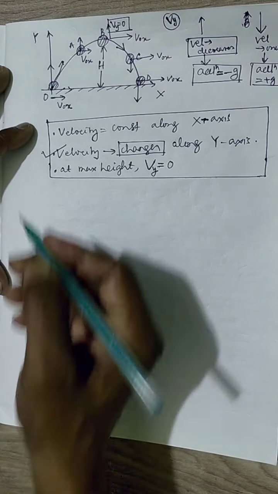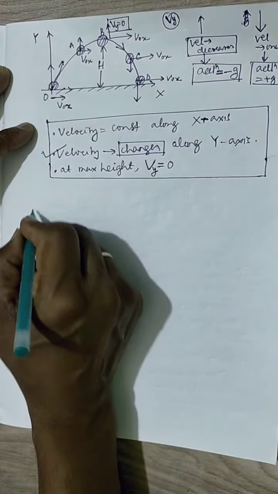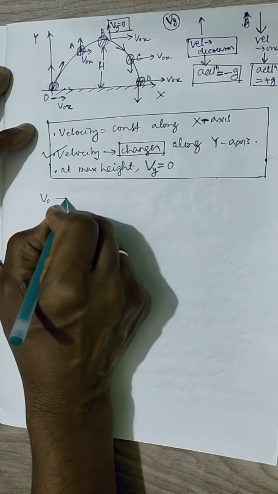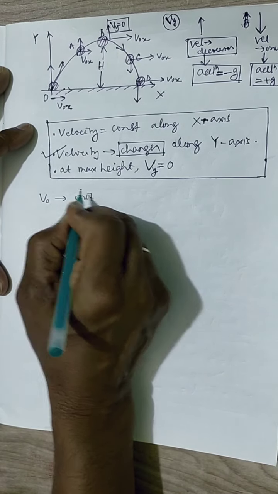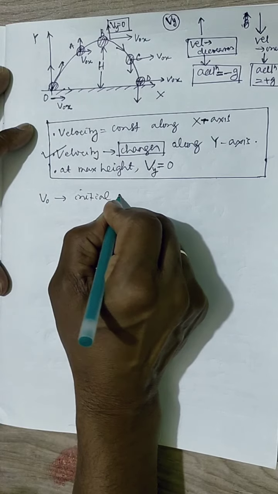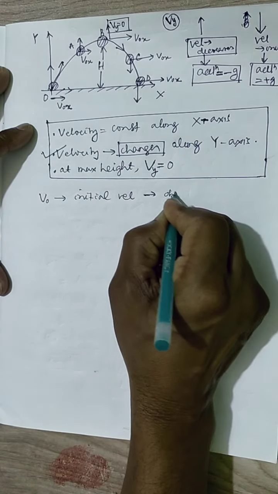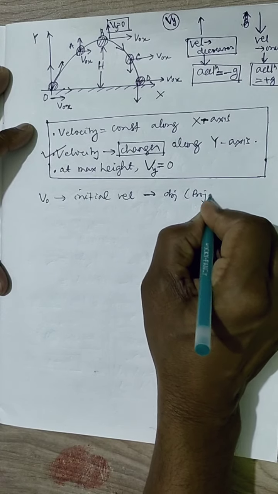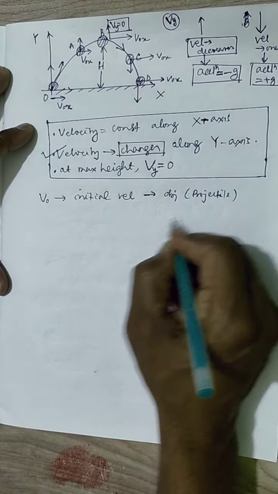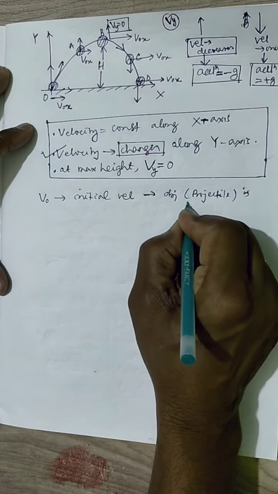Now we have v0, the initial velocity at which the object, here we say projectile, is thrown.